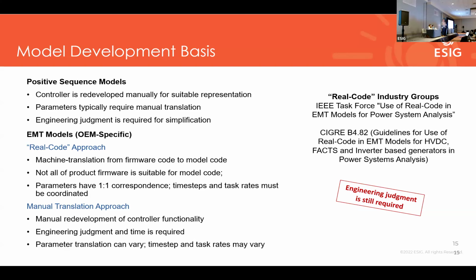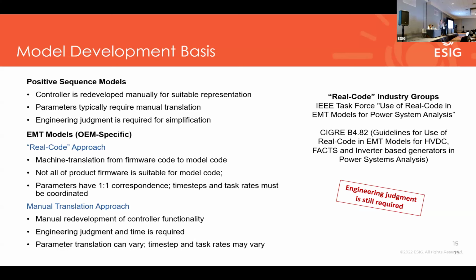But if the parameters do not align with what's running in the product in the field, then it's not accurate. So just remember there's a structure part and a parameters part, and they both need to be correct.